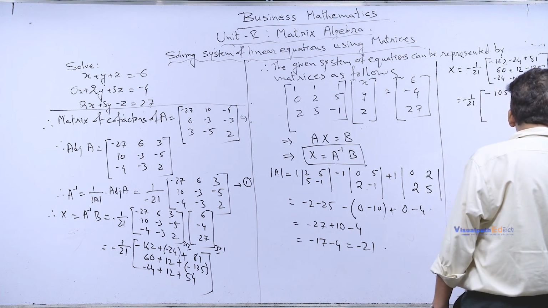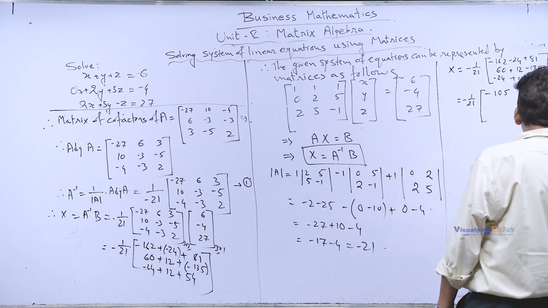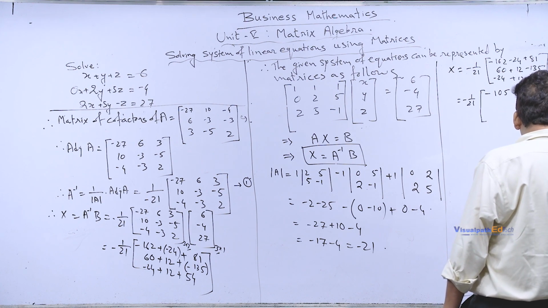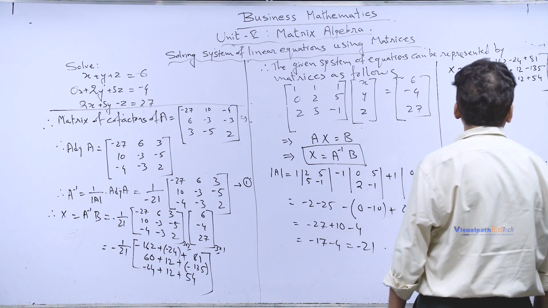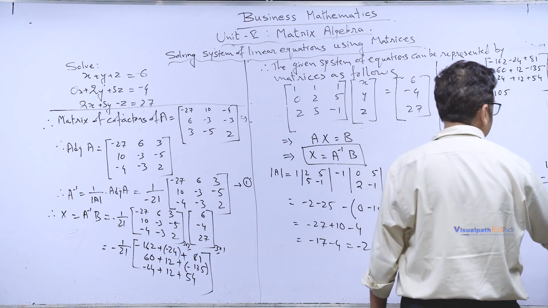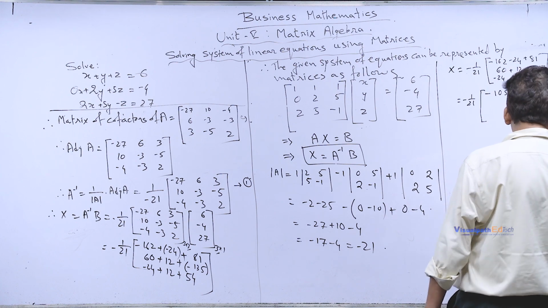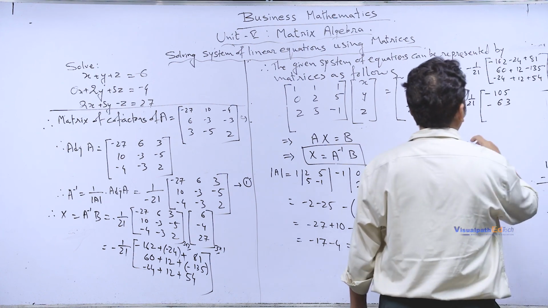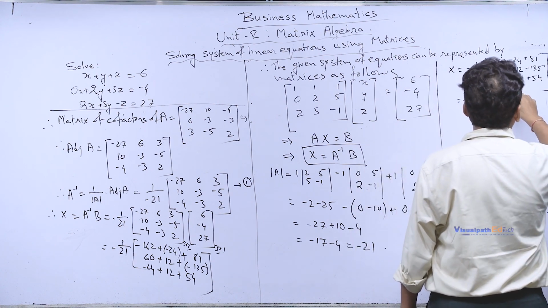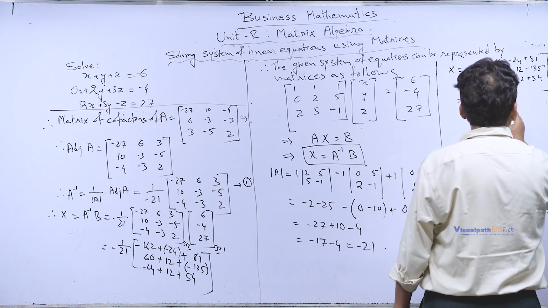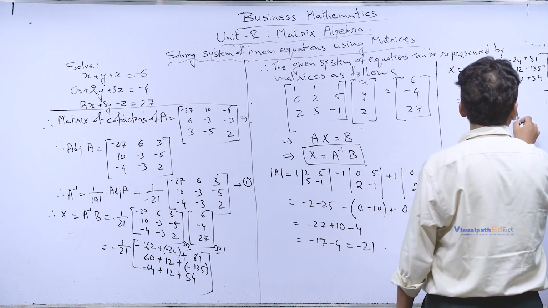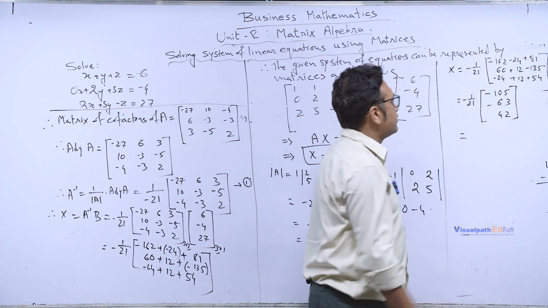If we subtract 72 from 135, then we are going to get 63. So we are going to get minus 63. And as far as this is concerned, we'll get minus 24 plus 12, so this will be minus 12, and 42 plus 12 will give us 54. Correct. So this is what we are going to get.